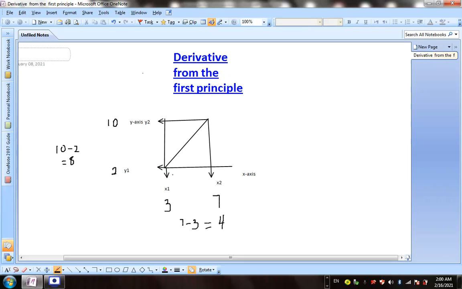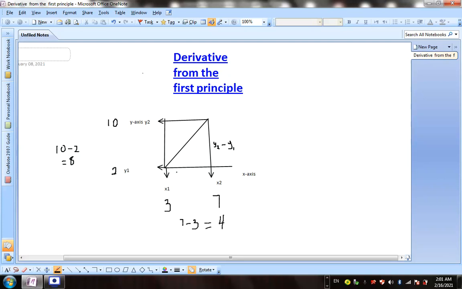Now in this place, we have taken the increase in y and also the increase in x. So instead of this, we can write it this way and we say y2 minus y1.